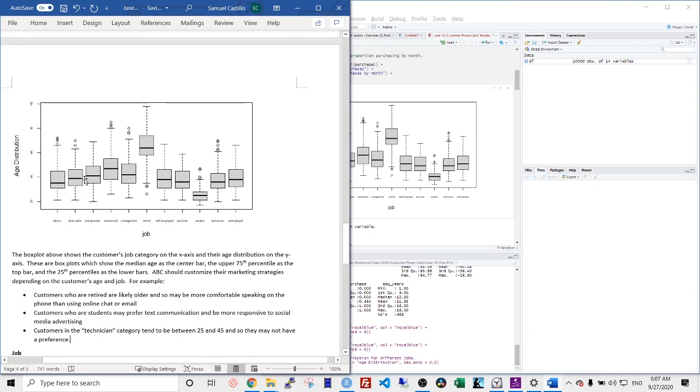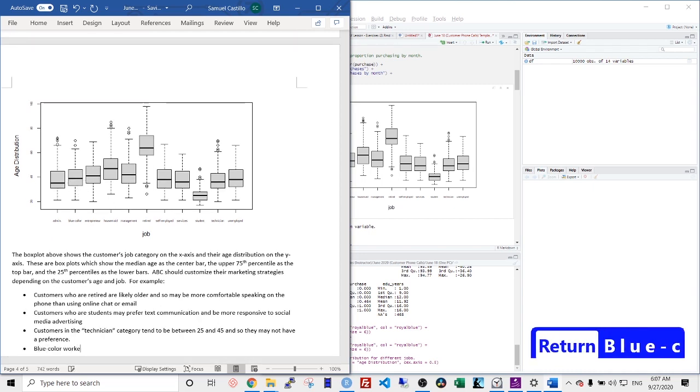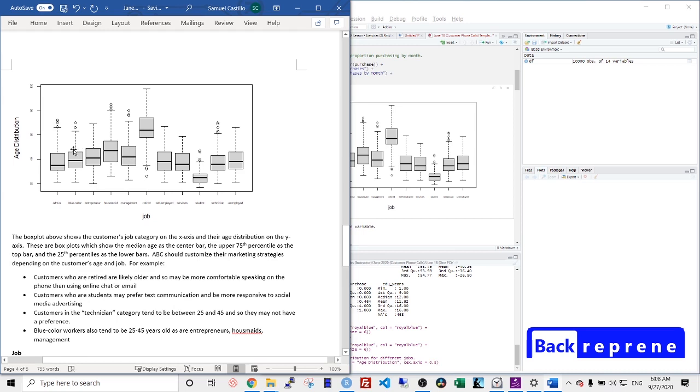And let's just do one more. Blue collar workers also tend to be 25 to 45 years old, as are, let's just see, blue collar entrepreneurs, housemaids, management. Just looking here, we're basically in the same age range.